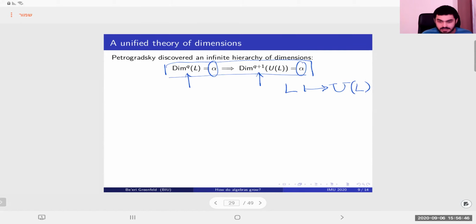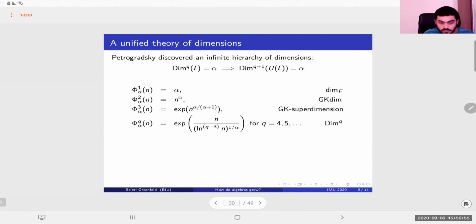So his dimensions, I don't want to define them because it's quite technical, but they are based upon families of functions. These are the families. And I want you to look at the right column, because these are the dimensions, the first, second, third, fourth, and so on. So the first dimension is just the vector space dimension that we all know of.